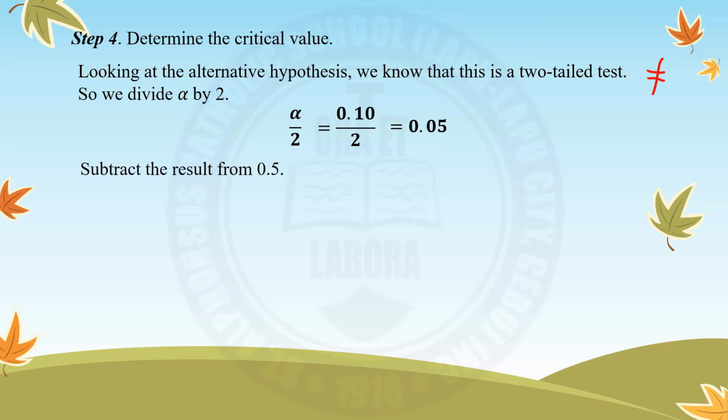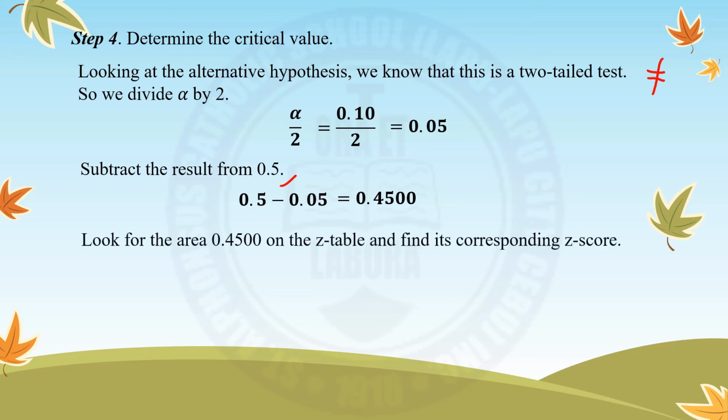Subtract the result from 0.5, because this is the half of the area of the normal curve. So the answer would be 0.4500 or 0.45. Look for the area 0.4500 on the Z table and find its corresponding Z-score.